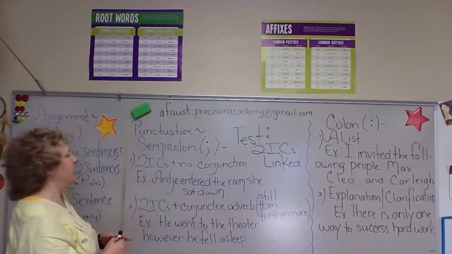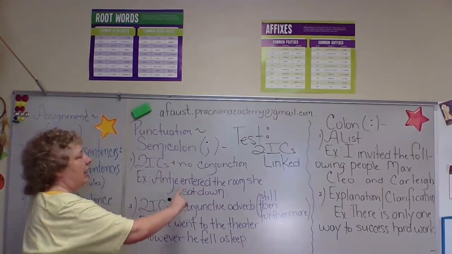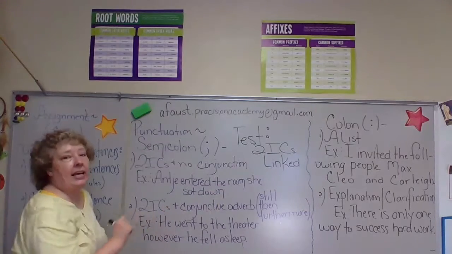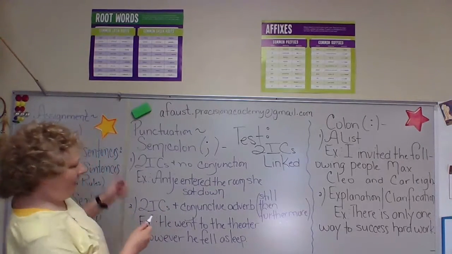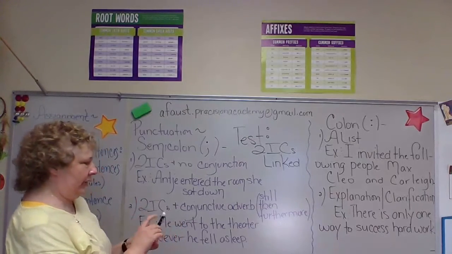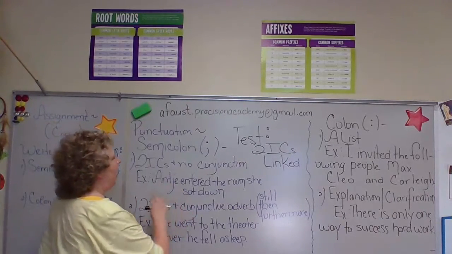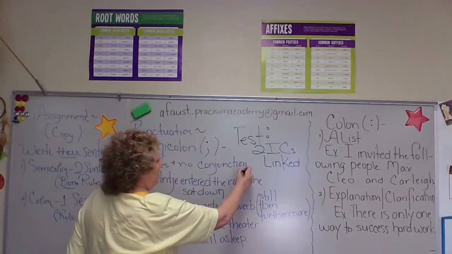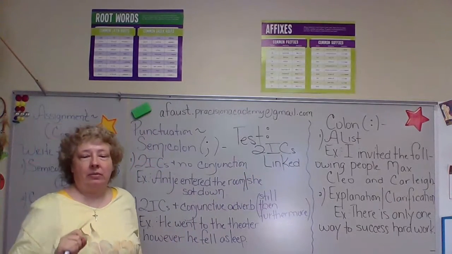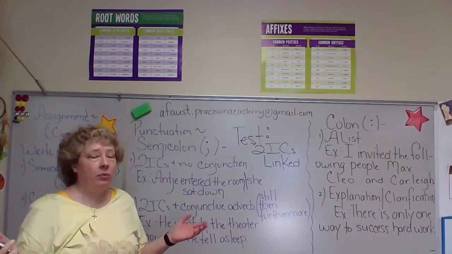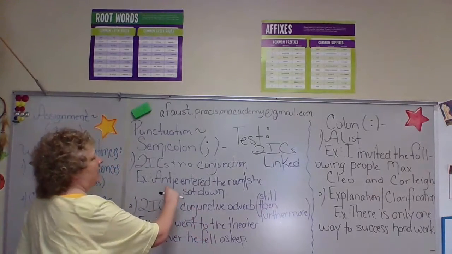Test yourselves with this. Okay, Antje entered the room. She sat down. Let's try it. Antje entered the room. She sat down. Tell me, IC? What do you think? Antje entered the room.